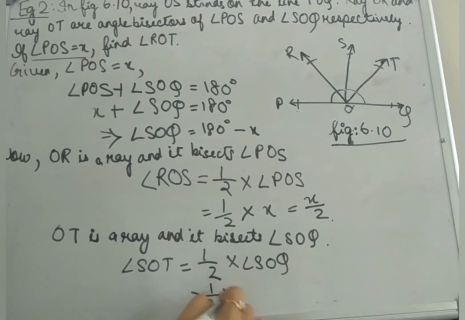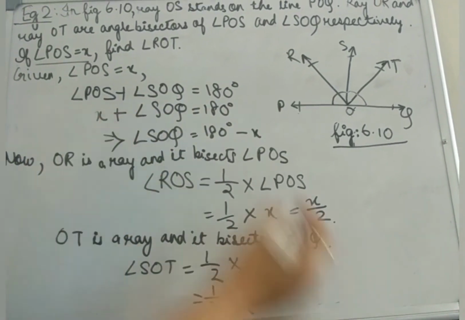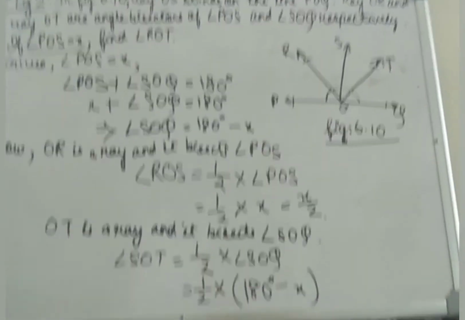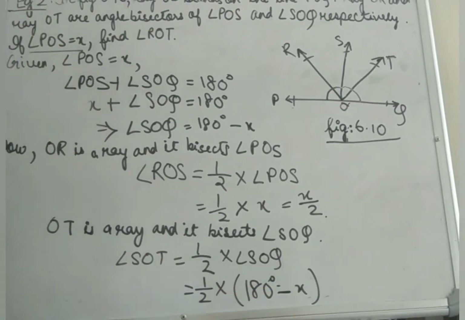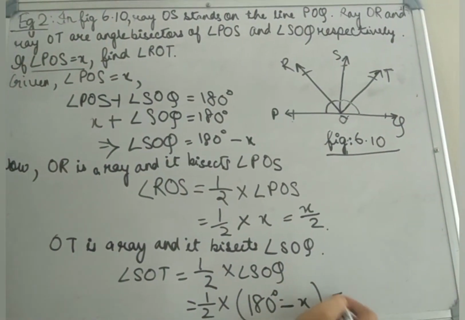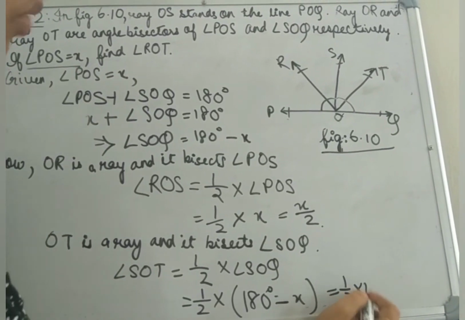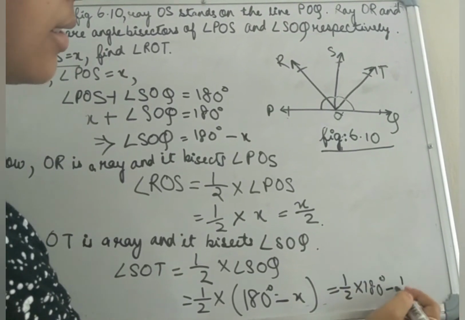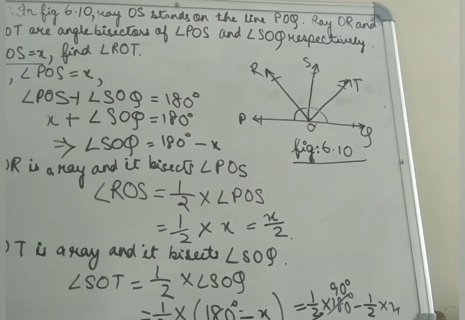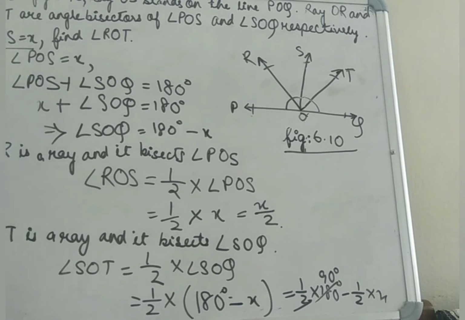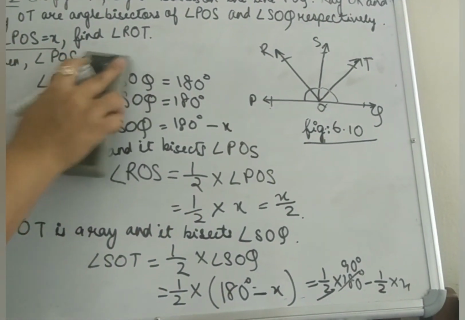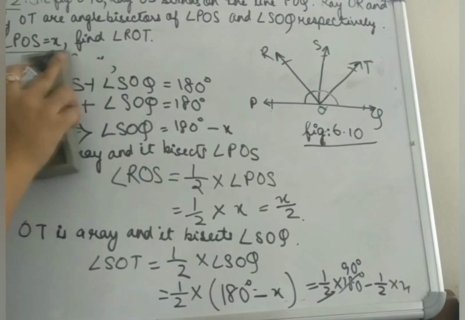We got SOQ before as 180 degrees minus X. Putting the values in, it will be half into 180 degrees minus half into X, which is equal to 90 degrees minus X by 2.